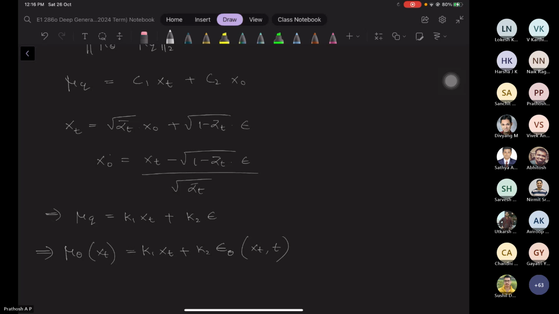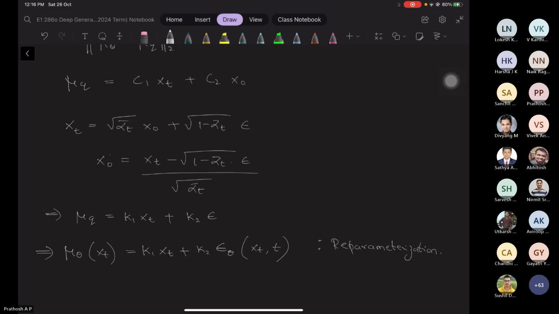I can always reparameterize that in terms of some other constant xt, isn't it? Do you see what that means? This is reparameterization. Do you get the idea?